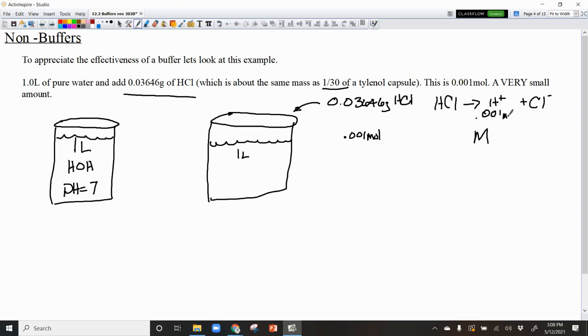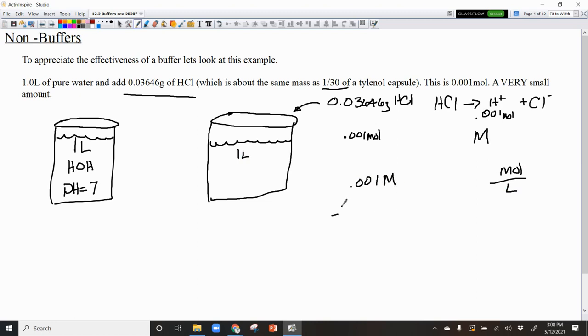Okay, and then to get molarity, which is what we need to calculate pH, we take moles divided by liters. All right, and since this is 1 liter, then we have 0.001 molarity.